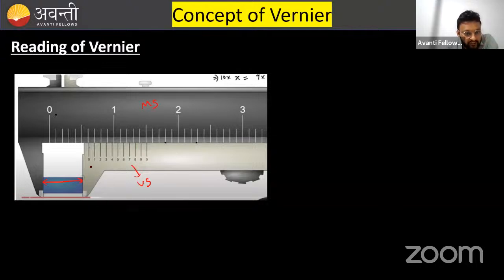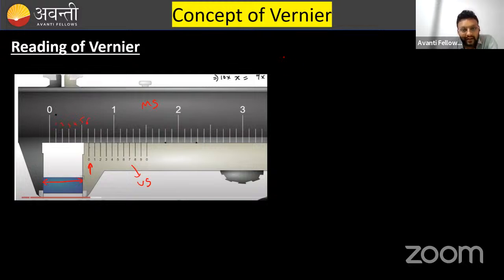First thing you have to focus on is where the zero of the vernier scale is. All this data will be mentioned in the question or in the diagram. The zero is just ahead of 1, 2, 3, 4, 5, in fact 6. It is just ahead of the 0.6 mark.